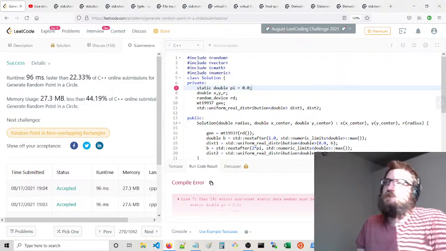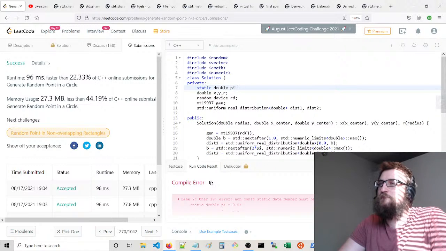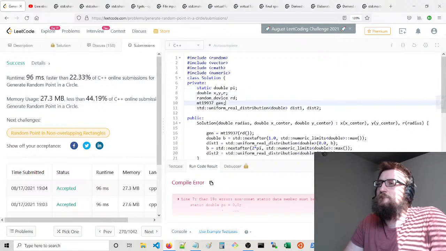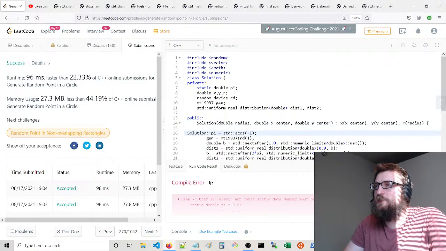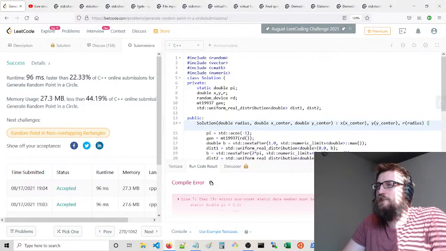Yeah, it needs to be initialized out of line. So pi, we can say pi equals this.